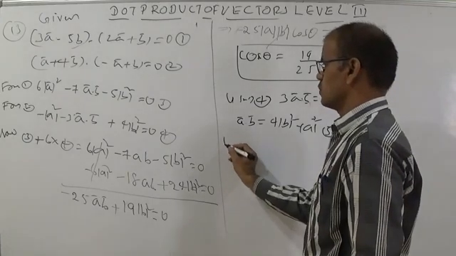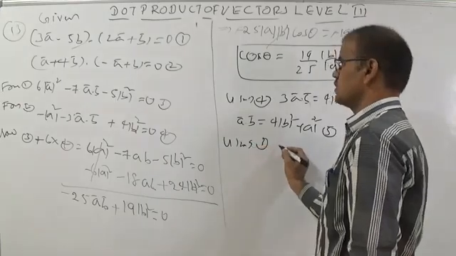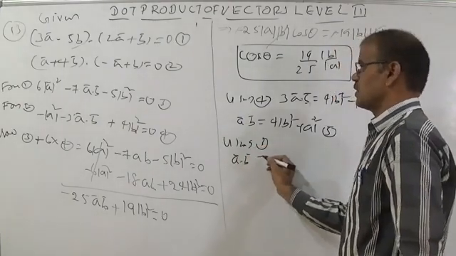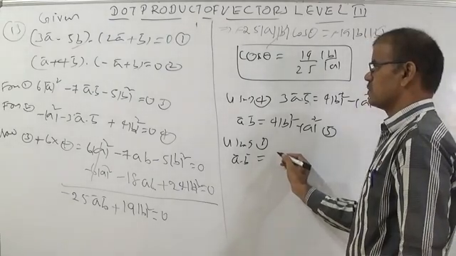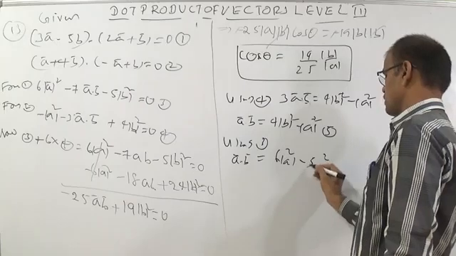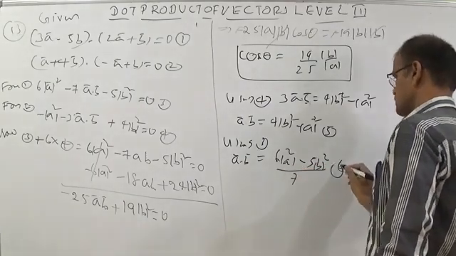Next, again using the third equation, you can write a·b is equal to (6|a|² − 5|b|²)/7. This is the sixth.